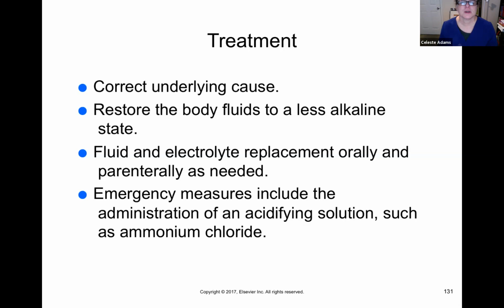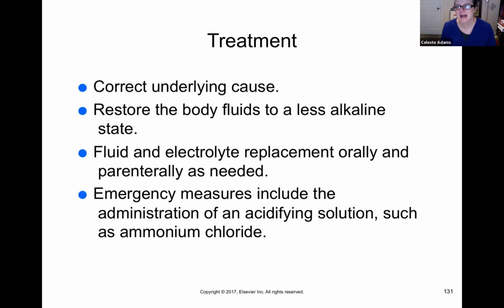Fluid and electrolyte replacement orally and parenterally as needed. Parenterally means IV or IM, but most of the time it's going to be IV. Emergency measures include the administration of an acidifying solution, such as ammonium chloride. Ammonium chloride is an acidifying solution.